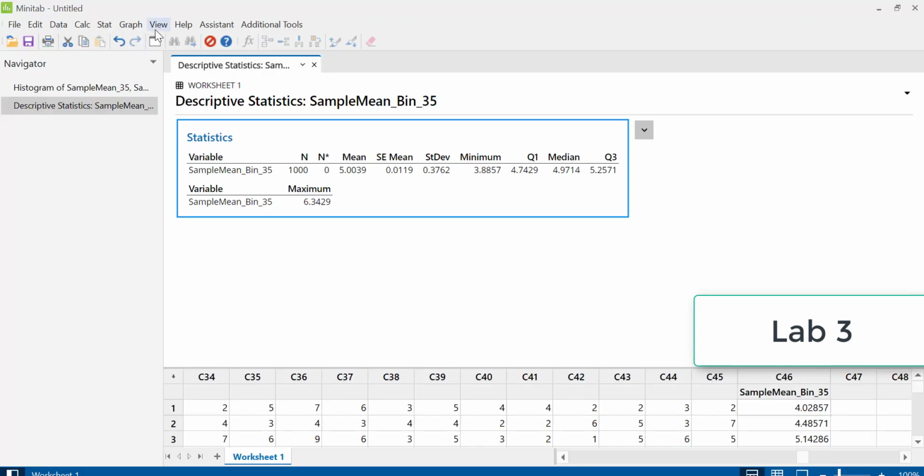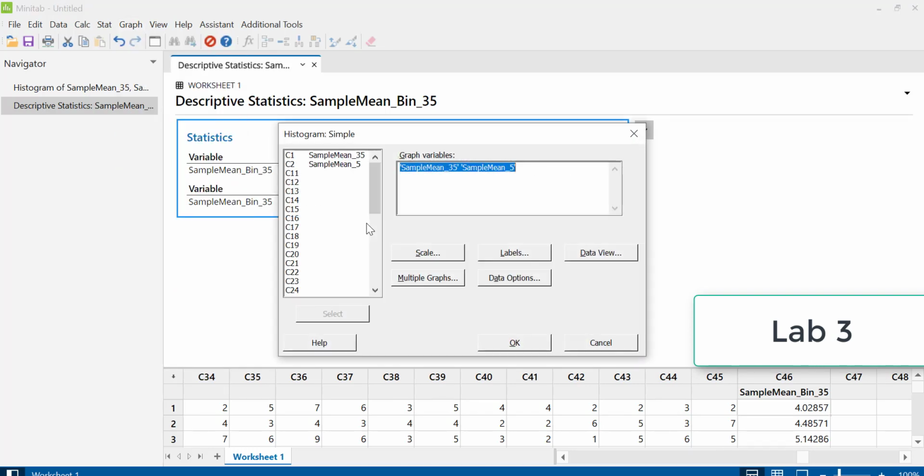And next, we want to know the shape of the sample mean distribution. So we use a histogram. Remove the old one.